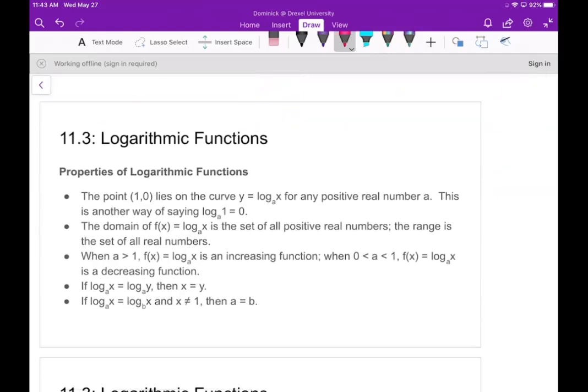Okay, now a lot of these properties of logarithmic functions we can really get from the properties of exponential functions and using the fact that they're inverses, right? So on a logarithmic function, you always have the point 1 comma 0, right? And that's because log of any base of 1 is always equal to 0, right? And again, remember that on the exponential, 0 comma 1 was always a point, right?